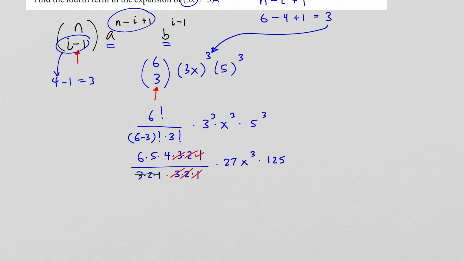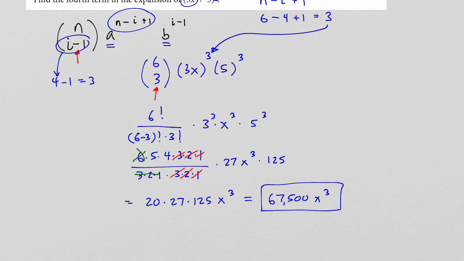And 3 times 2 times 1 is 6. So we end up with 20 times 27 times 125 x to the third. So now I just need to multiply 20 times 27 times 125. And when you do that, you get 67,500 x to the third.